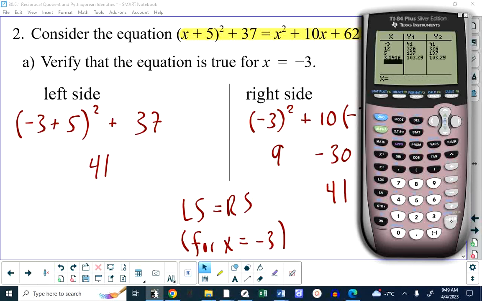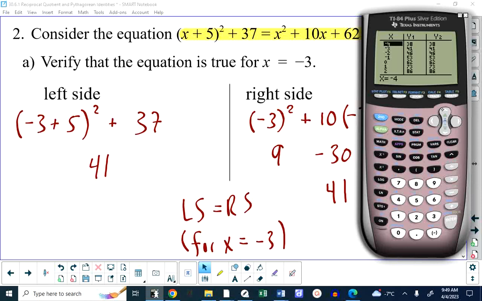Got nothing to do with trigonometry, but when I put in pi, I get the same result. So you could spend a lot of time here putting in different values for x. You could, if you wanted to, set up your table to be on automatic, start at 0 and go up by 1, and scroll around in your table and see that they appear to be equal.